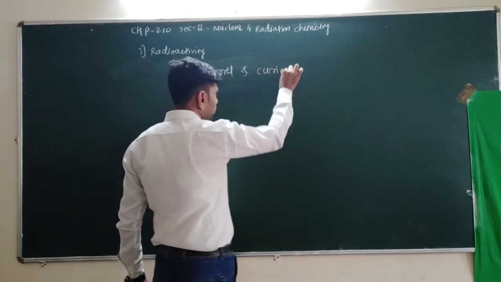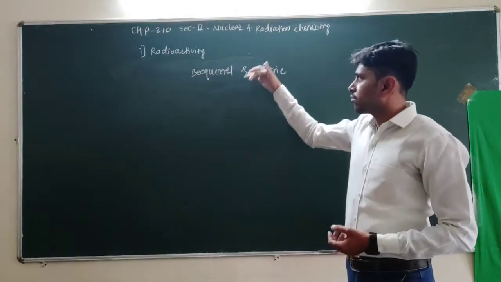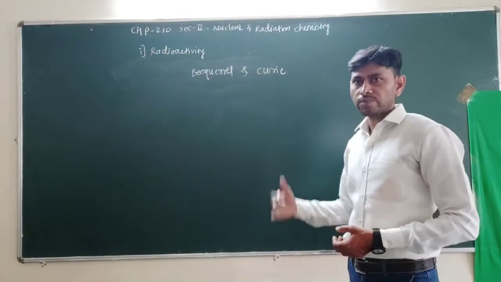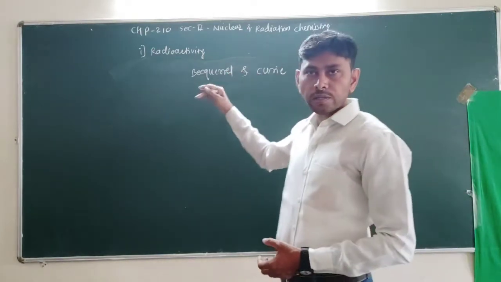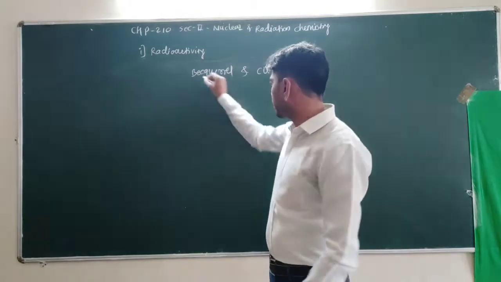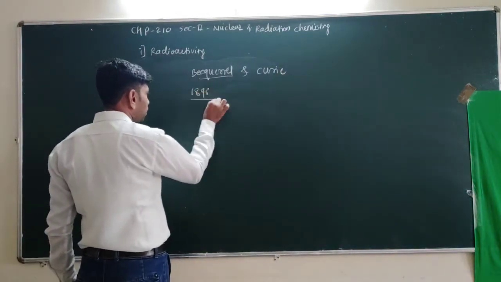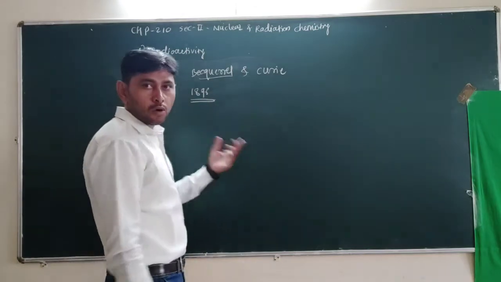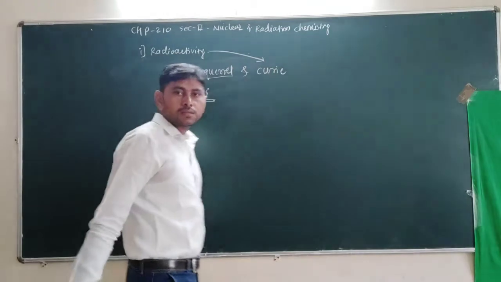These two scientists discovered many concepts in radioactivity. Becquerel is the first discoverer of radioactivity. In 1896 he discovered radioactivity, and the term radioactivity was coined by the scientist Curie.